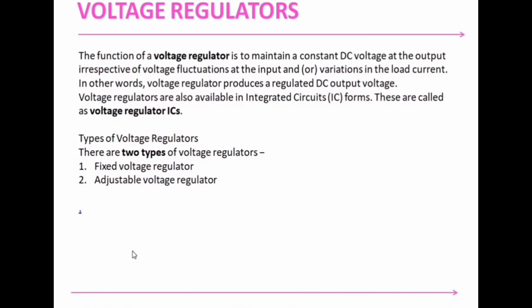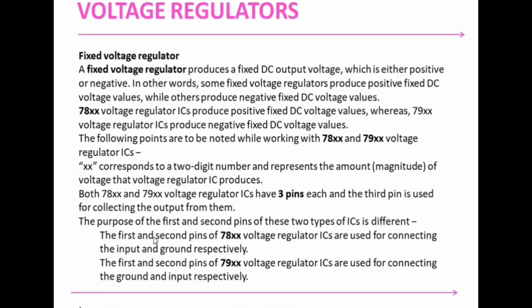As the name suggests, the fixed voltage regulator produces a fixed DC output voltage, which is either positive or negative. In other words, some fixed voltage regulators produce positive fixed DC voltage values, while others produce negative fixed DC voltage values.